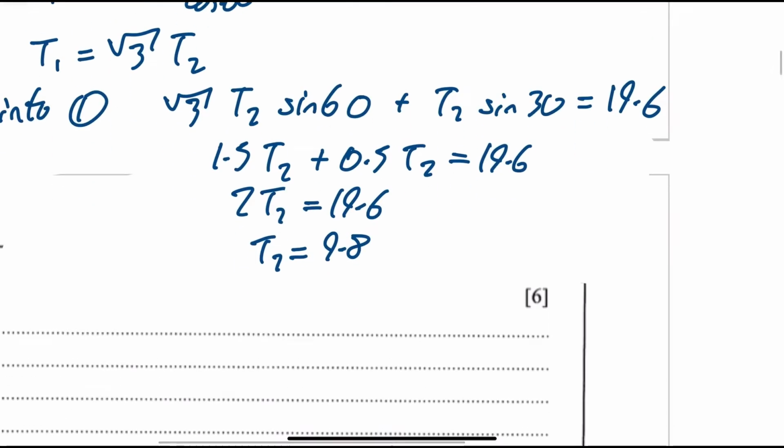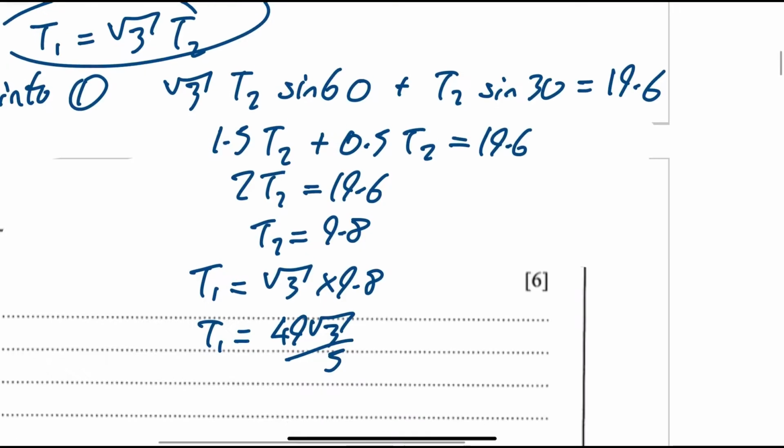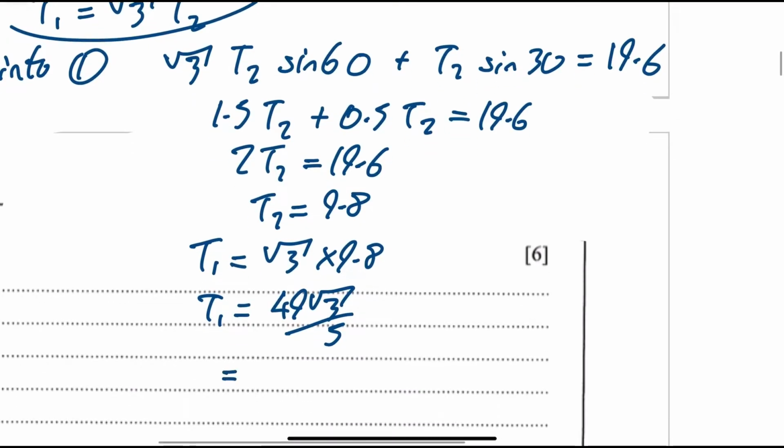Then put that back into this equation. Your T1 is equal to root 3 times 9.8. The perfect answer for T1 is 49 root 3 over 5, or if you work it out, it's 16.974 and so on.